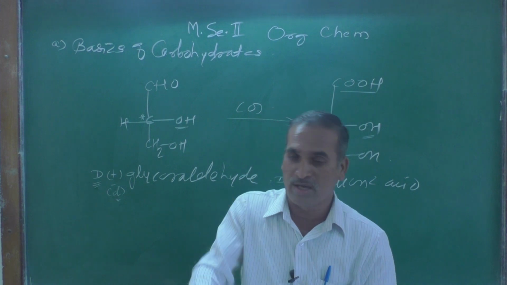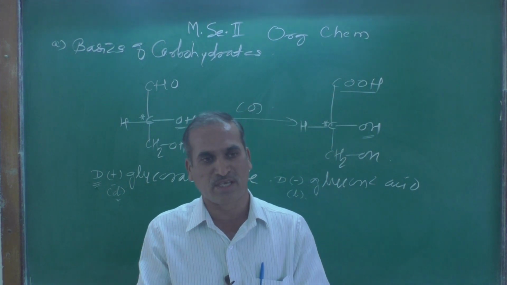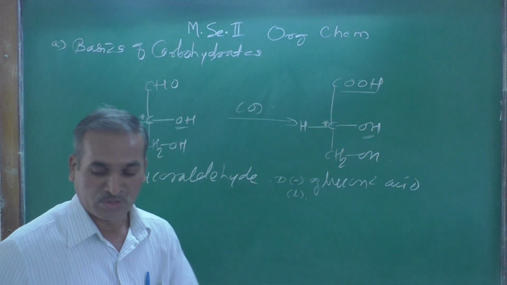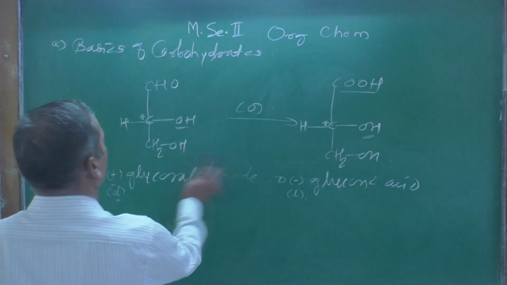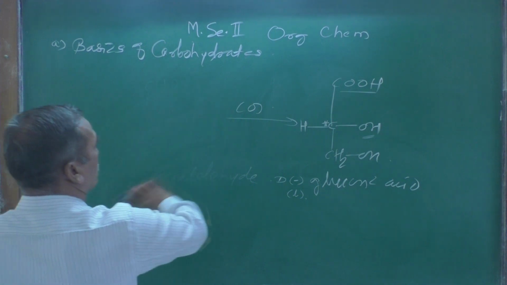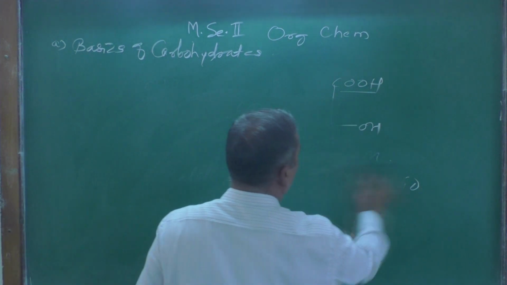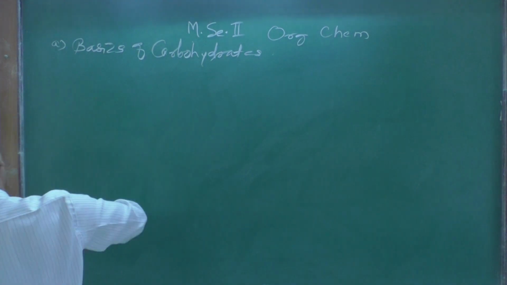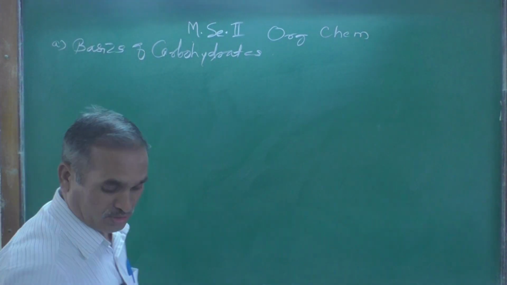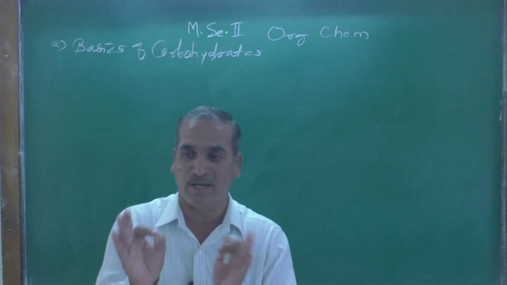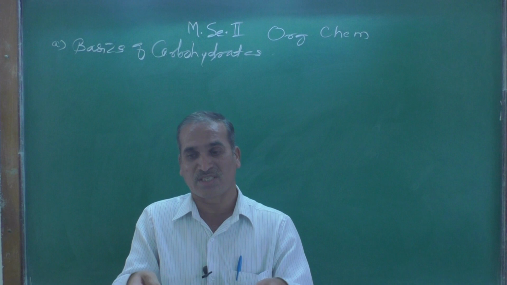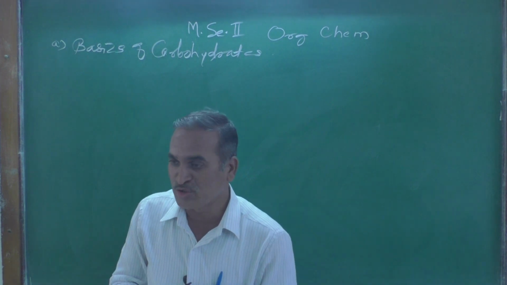And now the another term we generally use is called diastereomers. I think up to enantiomers we have learned. Now let us look at diastereomers. Enantiomers we have just seen: optical isomers that are non-superimposable mirror images are known as enantiomers.